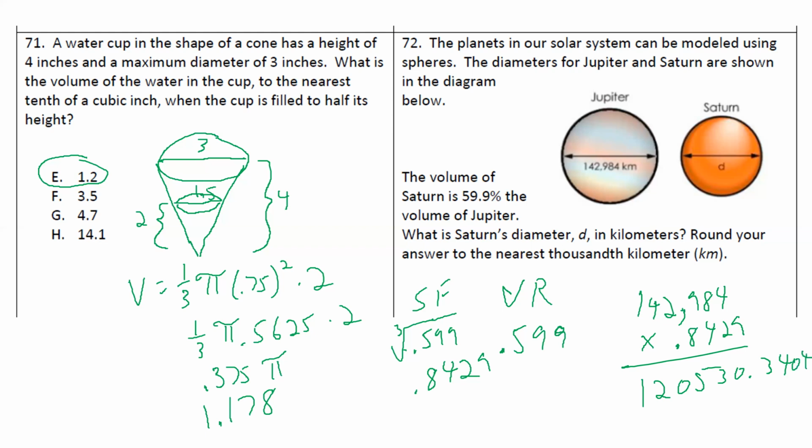Now they said to the thousandths place. So we need to go to 3 decimal places. That'd be our answer.